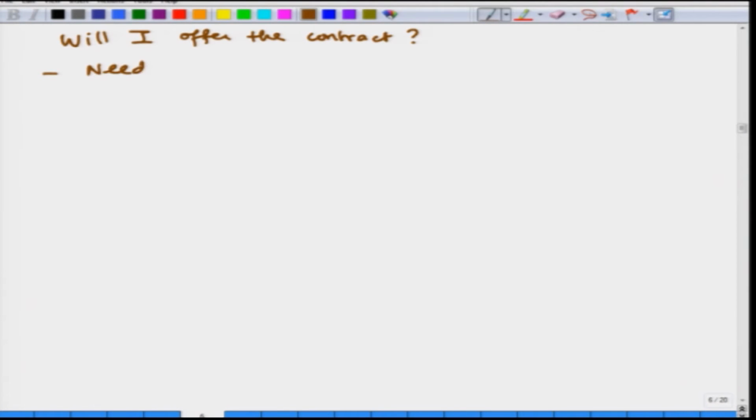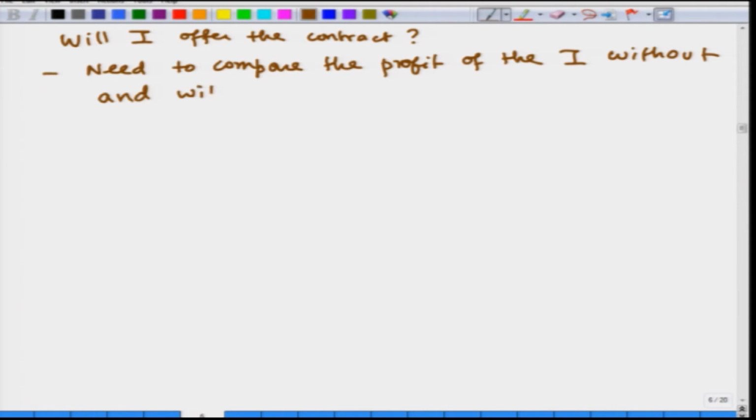So, we need to compare the profit of the incumbent without and with the contract. So, we need to make this comparison.